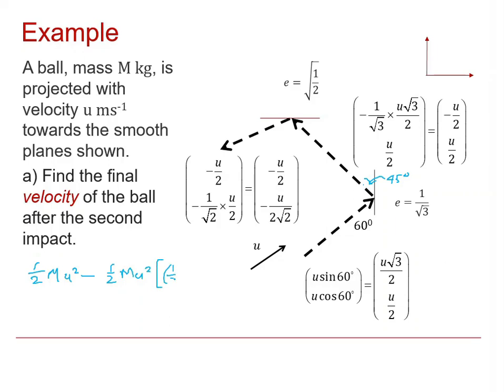There'll be a half squared and there'll be 1 over 2 root 2 squared. Now that is essentially the energy loss. I've got there the initial energy minus the final. Normally you do it the other way around, but in anticipation of a loss, that's what you would get. But first we're asked to calculate the velocity, and we've got that. It's that answer there.